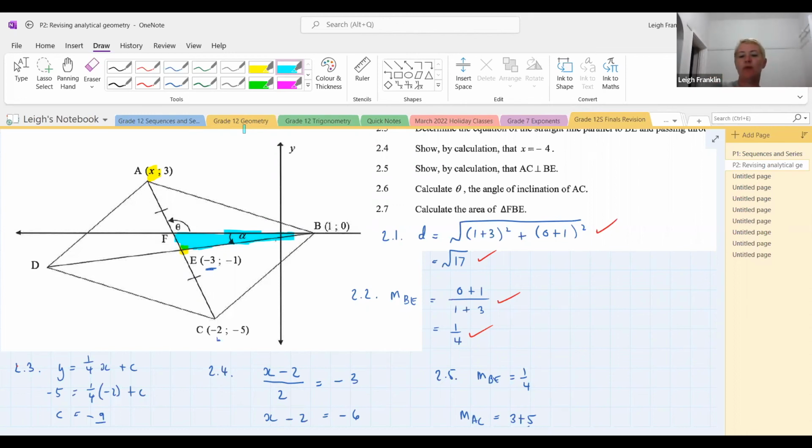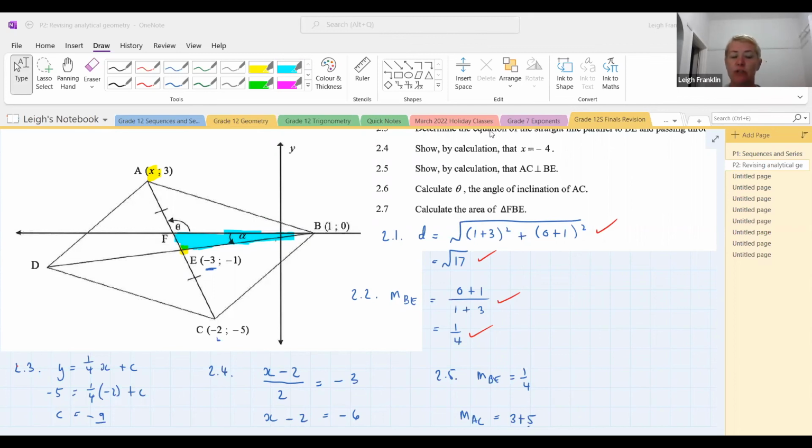All right, we don't have a lot of time, so let's just jump into it. There are two ways you can answer this question. When they ask you to calculate the area of a triangle, you can use the area rule from trig, or you can use half base times height. You know that the length of EB is root 17, and you can work out the length of FB as well.